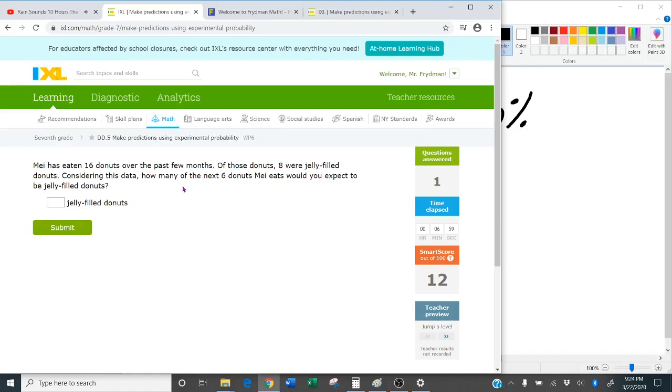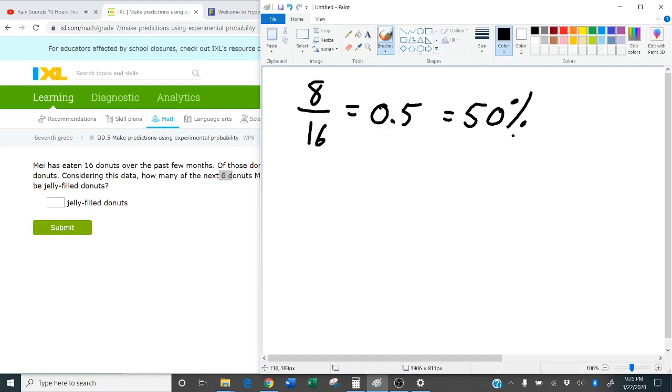So if Mai eats another 6 donuts, how many of those donuts would we expect to be jelly-filled donuts? If we watch Mai eat 6 donuts, how many out of those 6 would we expect to be jelly donuts? Well, 50% of the donuts that she eats are jelly donuts.